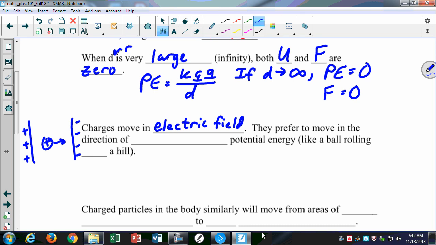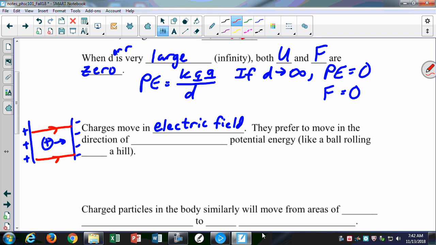And I can think of my electric field running in that direction. So charges move in an electric field because they're under the influence of other charges. This positive charge is repelled by these positive charges, and it's attracted to these negative charges. Charges move in electric fields because they're affected by the other charges.